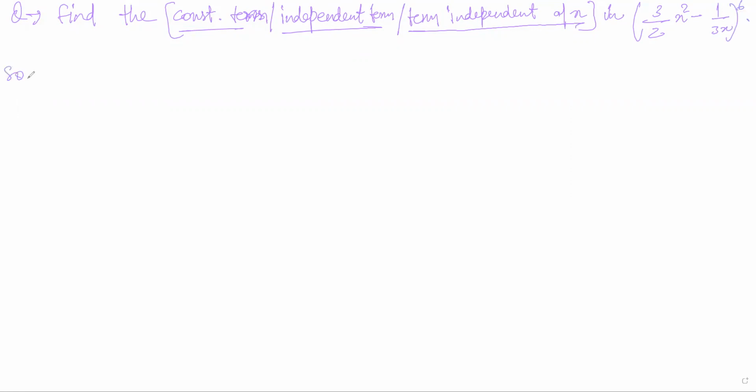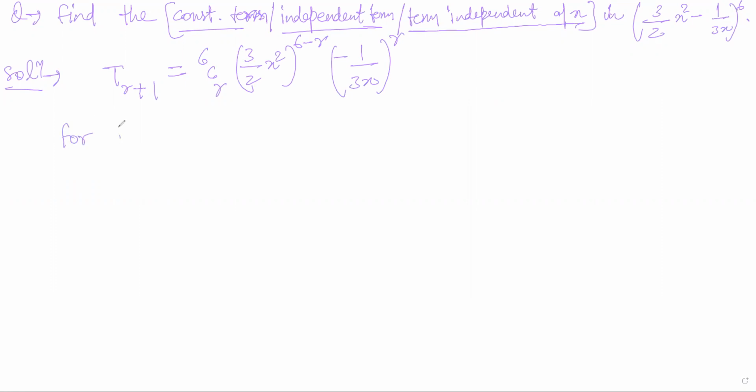So first, write the general term. The general term would be 6Cr, 3 by 2 x square to the whole power 6 minus r into minus 1 by 3x to the whole power r.